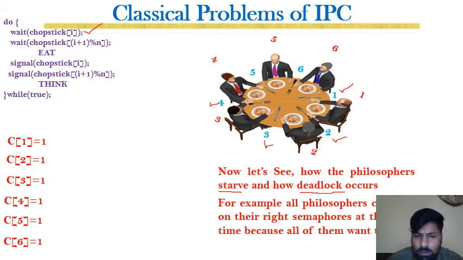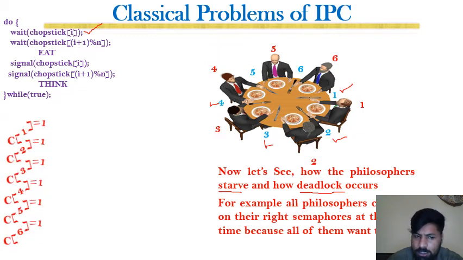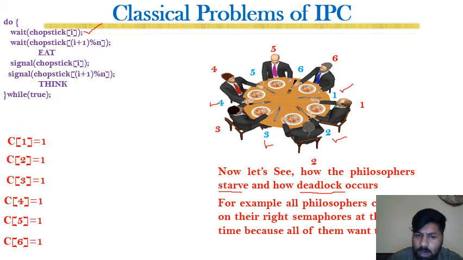In this situation, all of them are simultaneously calling the wait function on one of the semaphores, and if all of them have been called simultaneously, all values will be changed to 0. And now it's time for them to call for another semaphore, because for example, for philosopher 1, this chopstick has been occupied, but this has not yet been occupied, and it will have to issue wait for this chopstick as well.